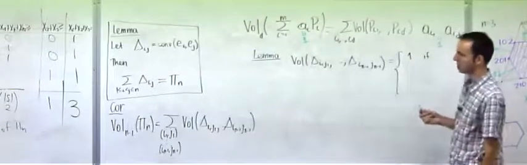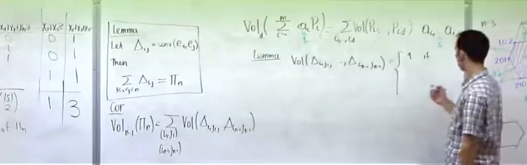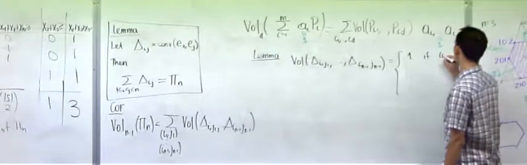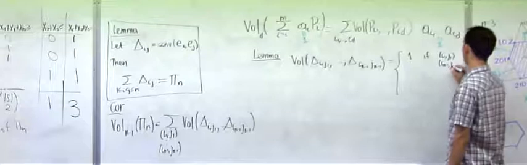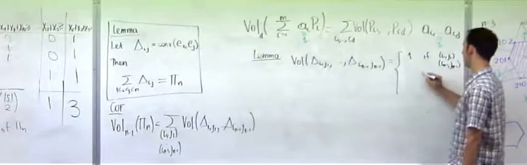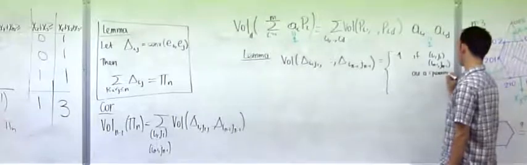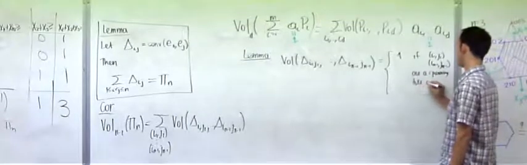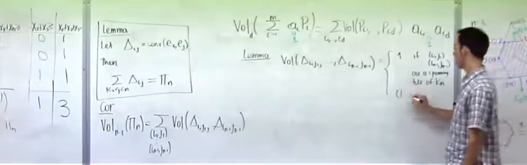Well, and just by what we're trying to do, you can kind of tell what this is going to look like. 1 if i1 j1 up to i_{n-1} j_{n-1} are a spanning tree of the complete graph and 0 otherwise.